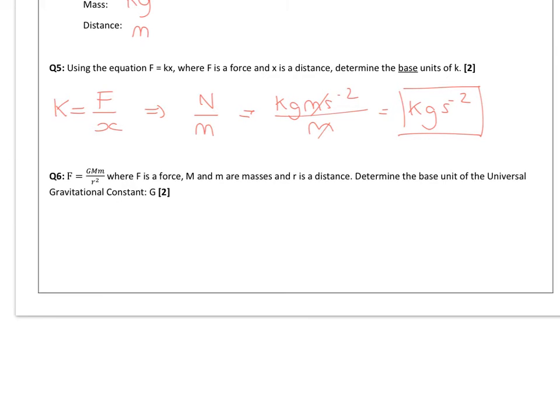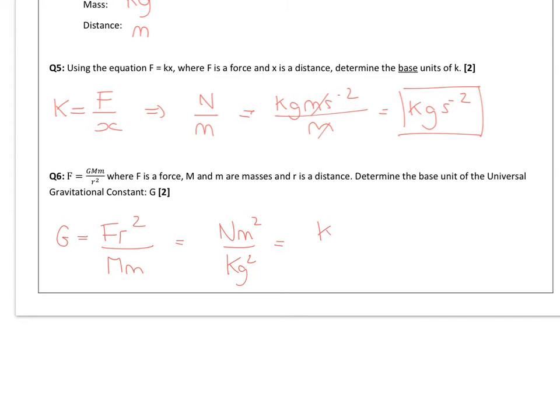So we're trying to determine the base units of G. As before, you rearrange to make G the subject. Let's put the SI units in first. So we get in like that.